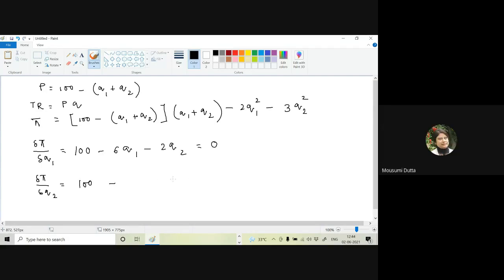So these are the two equations. Please check whether everybody is getting this or not. Once you get these two equations, simultaneously solving these two, you will be able to find out the values.